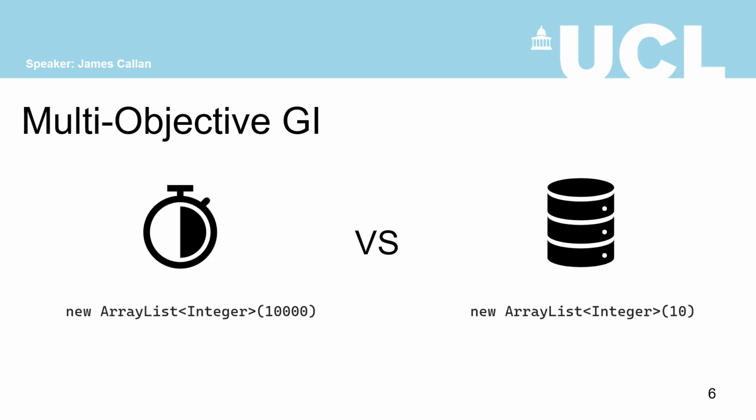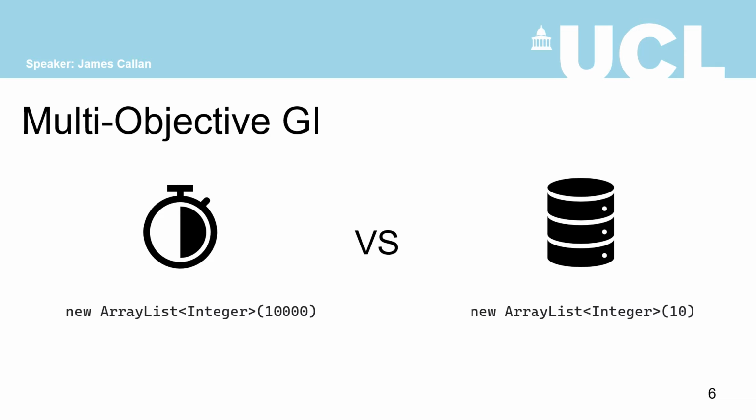We can see an example of how improving the execution time can actually negatively affect the memory consumption of a program. This is a simple example consisting merely of the instantiation of a new array list of integers. In the first example on the left, we instantiate this array list with a capacity for 10,000 integers. This means that we can add up to 10,000 integers without having to worry about the capacity of the list having to be changed by the Java virtual machine, and thus taking more time.